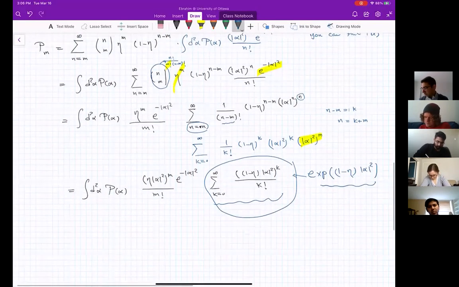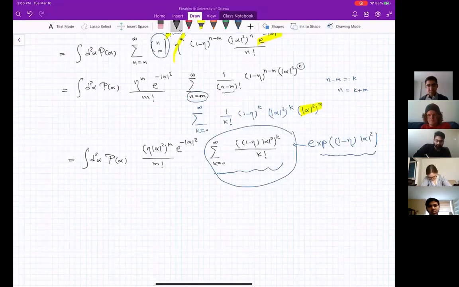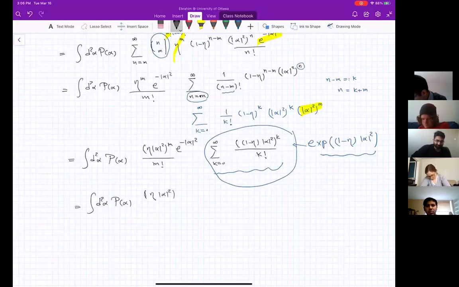Good. Then I have the integral of d2 alpha P(alpha), (eta |alpha|^2) to the power of m divided by m factorial, e to the power of minus |alpha|^2. Then I have e to the power of (1 minus eta)|alpha|^2.